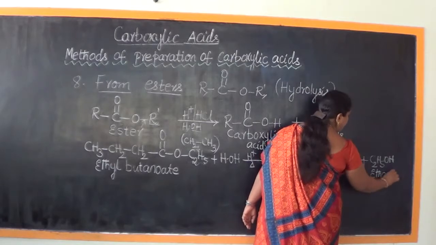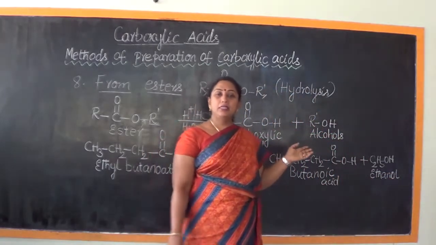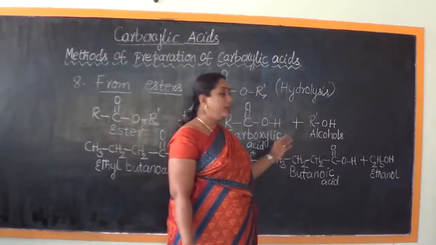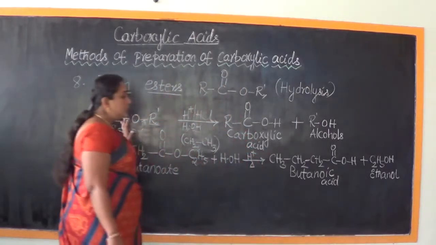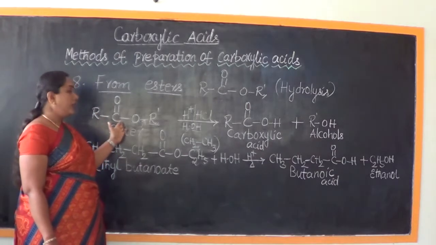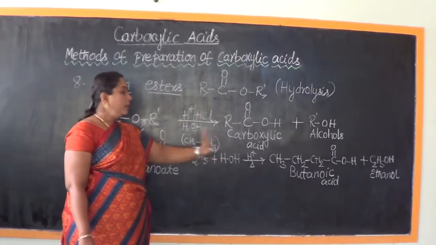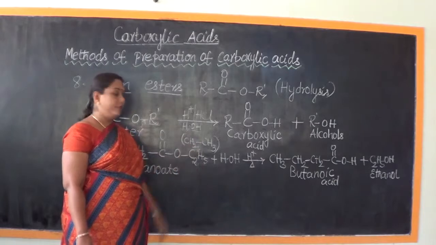Ethanol or ethyl alcohol. Ethanol is its IUPAC nomenclature. Ethyl alcohol will be its trivial nomenclature. So now, just like this, by subjecting the ester to the process of acid hydrolysis we will be able to get the corresponding carboxylic acid directly.